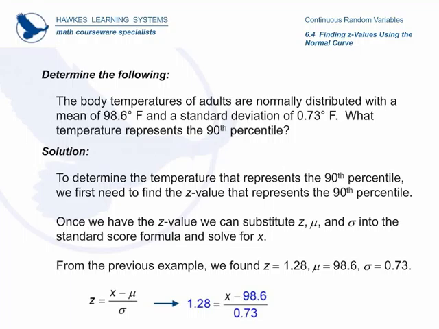We know z equals 1.28 equals our x value, or the value we're solving for, minus 98.6, which is our mean, divided by our standard deviation of 0.73, and that indicates that our x value equals 99.5344. So what temperature represents the 90th percentile? It would be 99.5344.